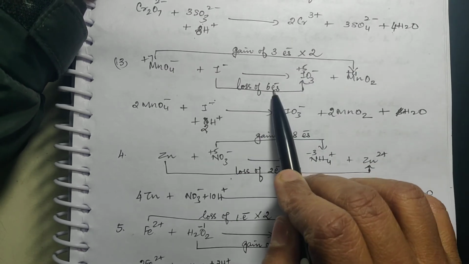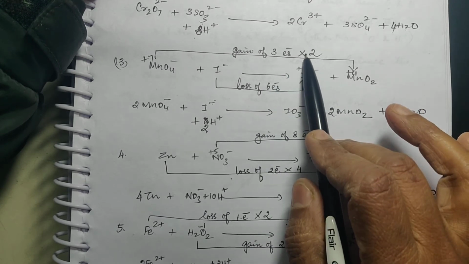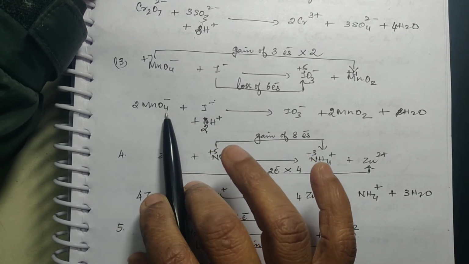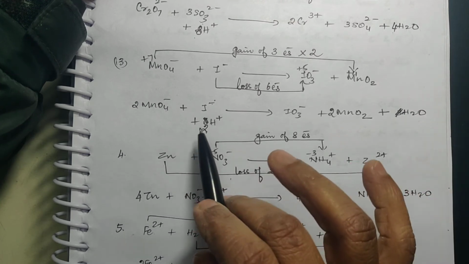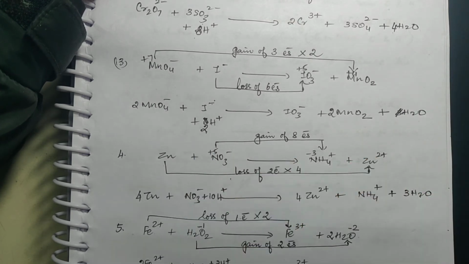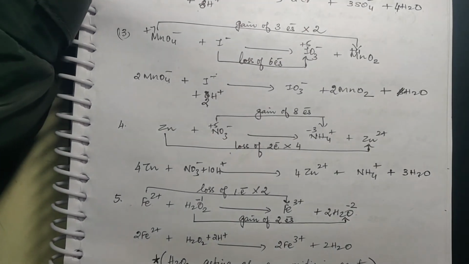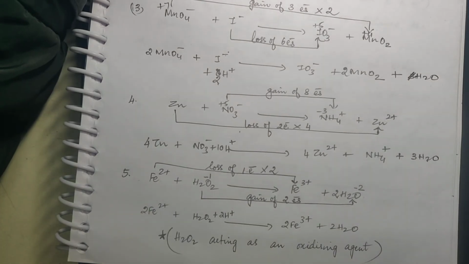So loss of 6 electrons. So 6 and 3. So you are multiplying this equation by 2 and then rewriting it and then calculating how many oxygen atoms are there on one side. Correspondingly you will add water, and to balance hydrogen you will add H plus. That's it. Okay. Same way, the next equation is also of the same kind.